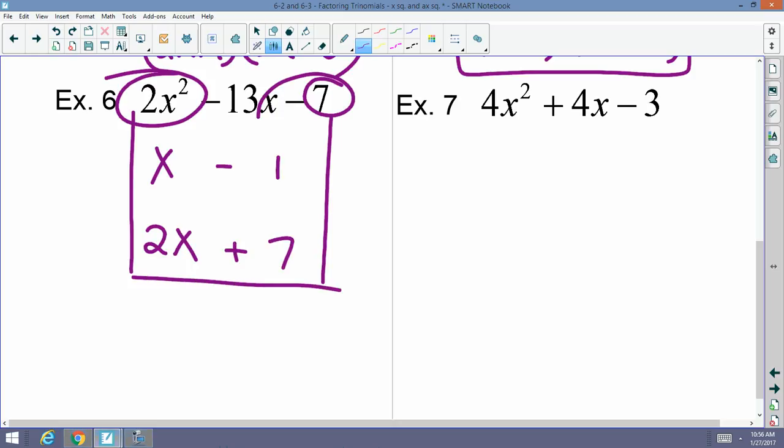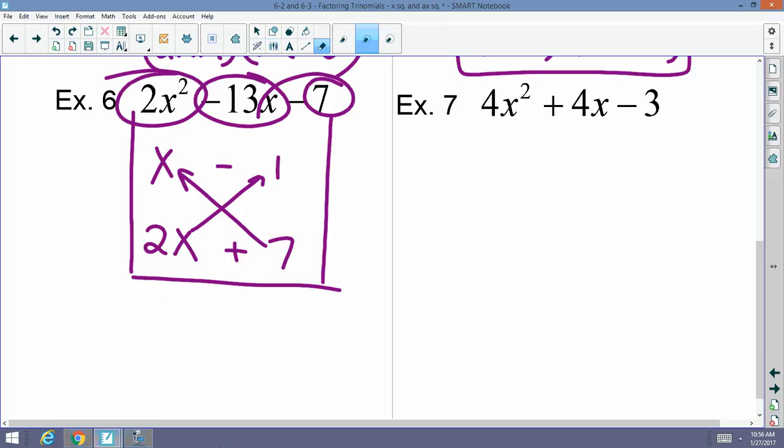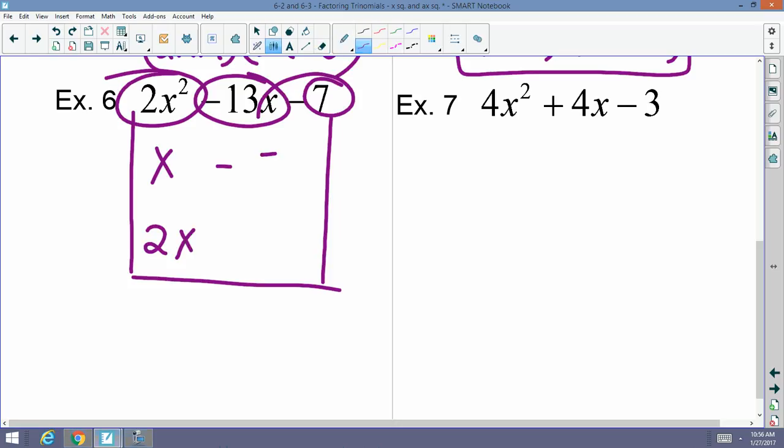I'm going to make magic happen. Guys, what's 7 times x? 7x. What's 2 times negative 1? Negative 2x. So 7x minus 2x equal negative 13? No. So that doesn't work. New combo. You had negative 1 and 7. Now let's reverse it. Let's put negative 7 and 1.